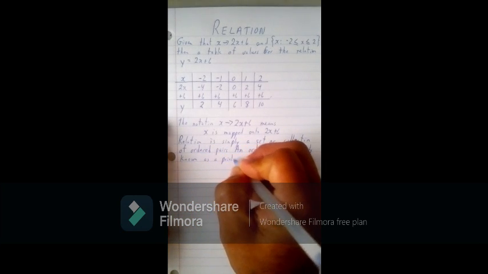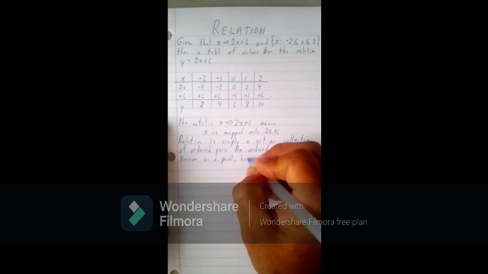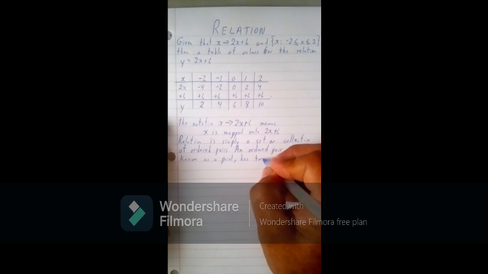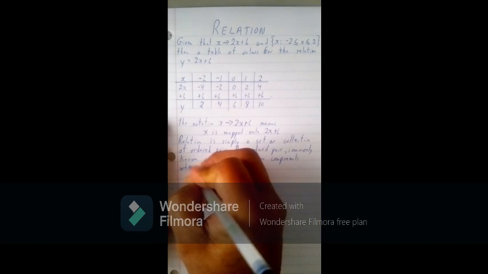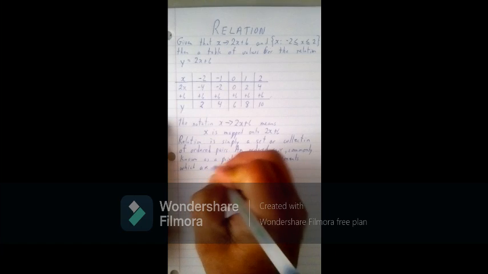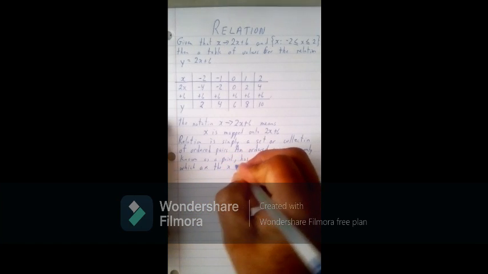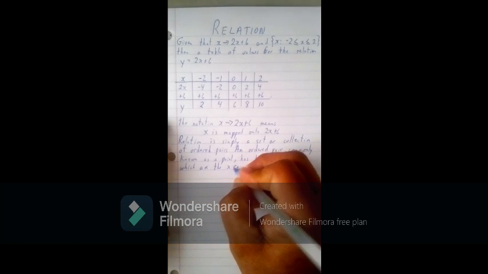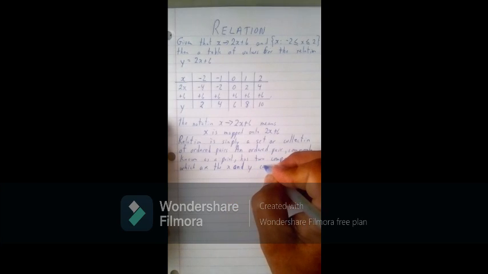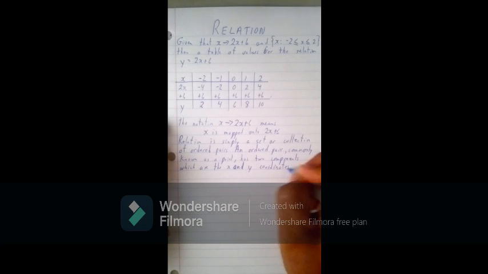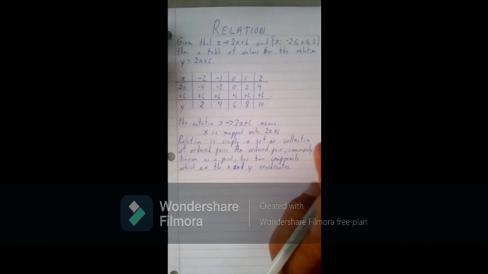because we know it has two values, two components. At this point we know what those two components are, but to make sure I need to review it. Which are the x and y coordinates. Each point has both x and y coordinates, or values.